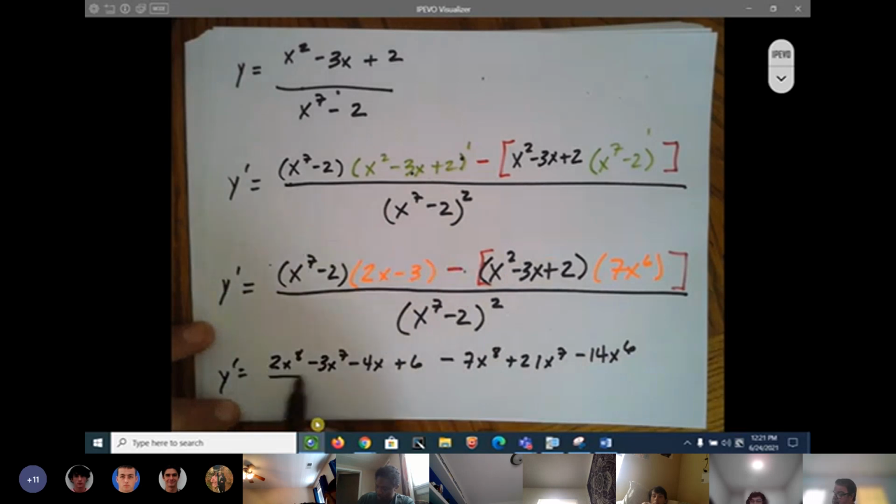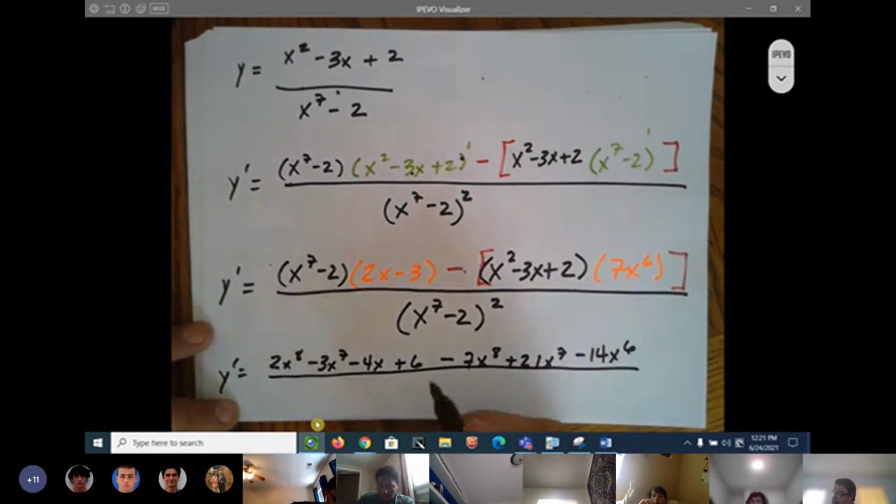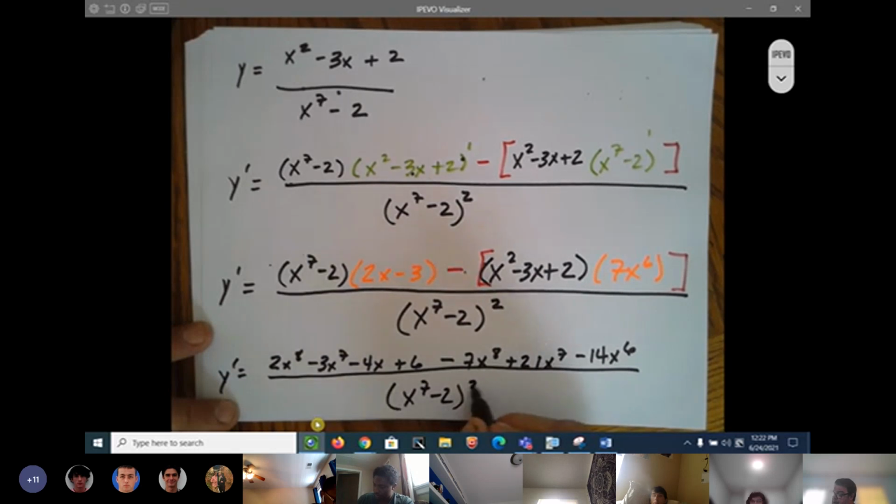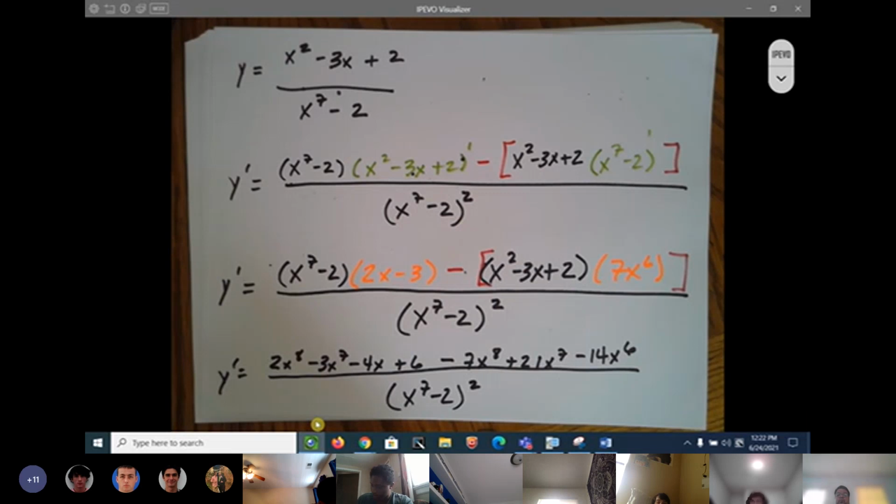Please check that because I skipped a couple of steps. All over x to the 7th minus 2 quantity squared. I'm going to leave that up for a couple of seconds so y'all can check me.